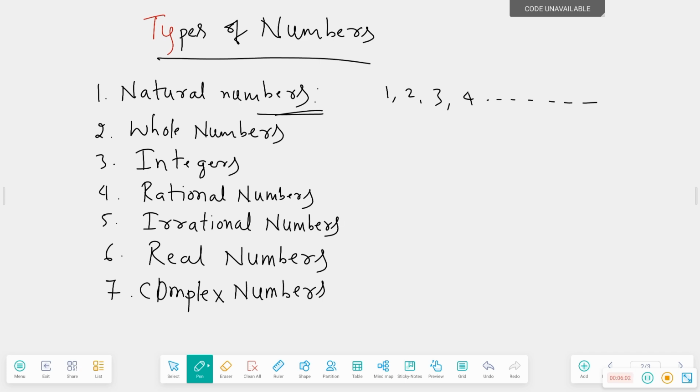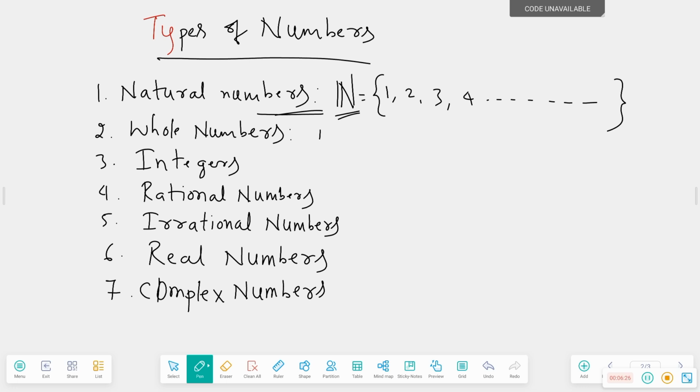These come under natural numbers, and the natural number set is denoted by capital letter N.